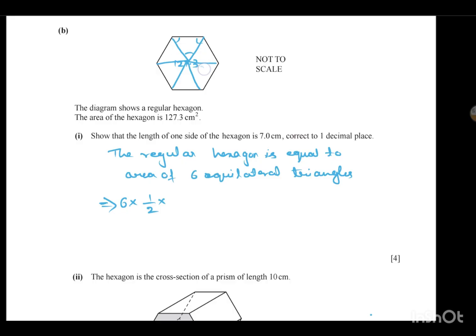Let each side be x here. So let me write that step.